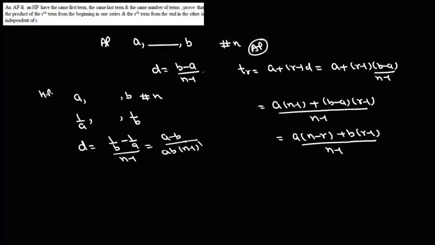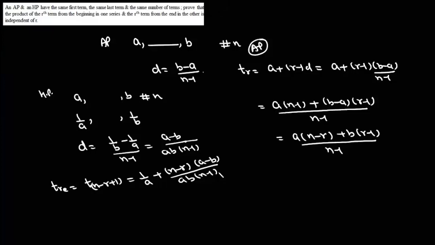Now in this we need to find the rth term from the end, and we know that the rth term from the end is equal to the (n minus r plus 1)th term from the beginning. So it will be 1 by a plus (n minus r) into d, which is (a minus b) upon ab(n minus 1).